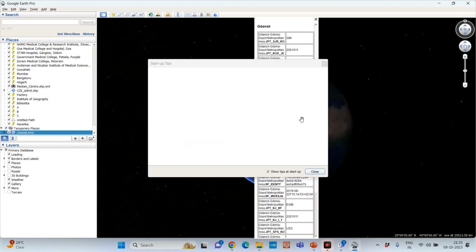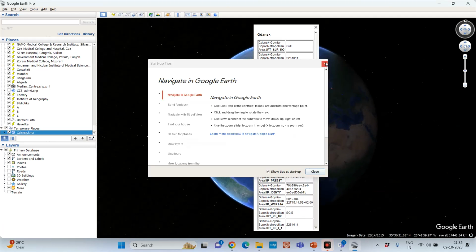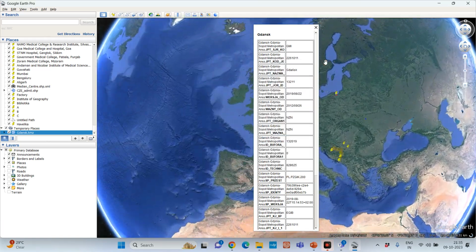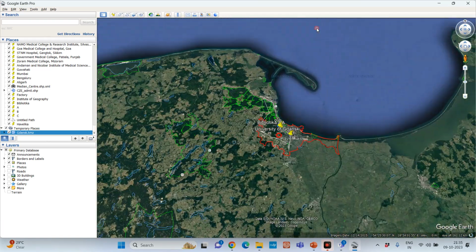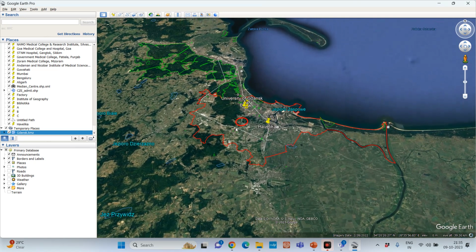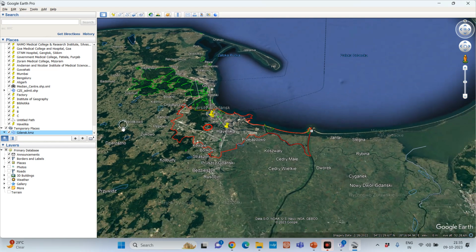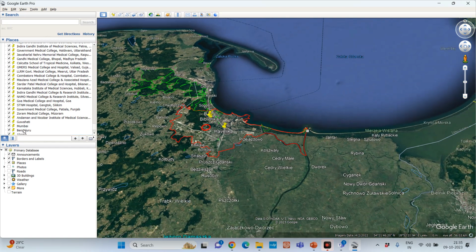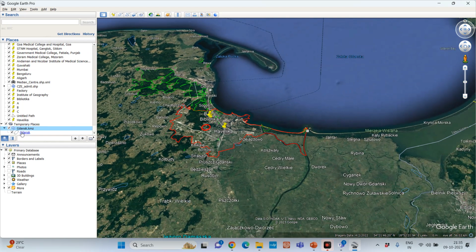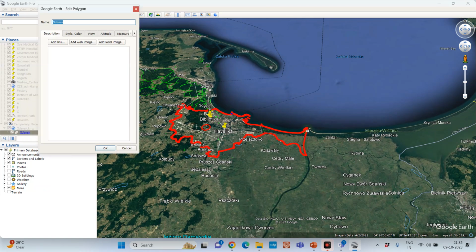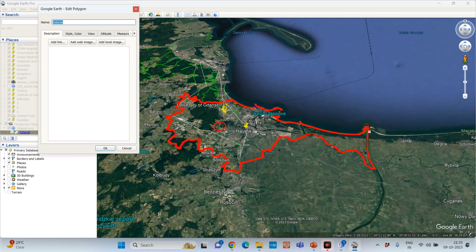I will share all the things for your future use. For any project, if any of you want to write one paper on Gdansk, you can use that data set. So this is Gdynia, Gdansk. Go to the properties. Yes, this is the outline boundary.